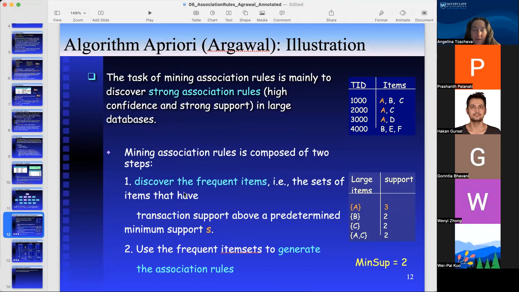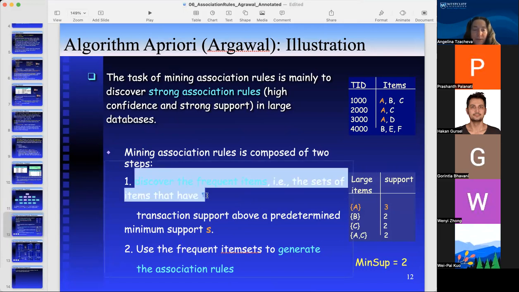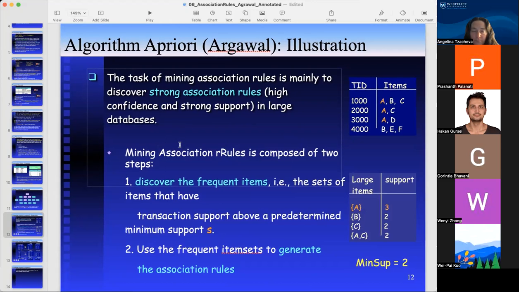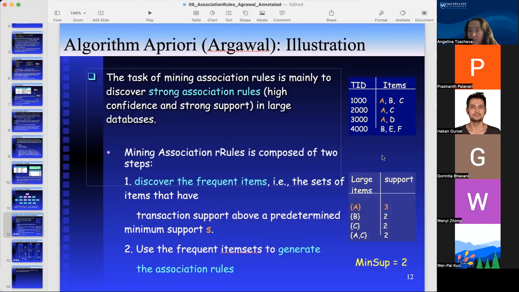The first step is to extract the frequent patterns and find association rules from the database. The first thing we need to do is start with single element sets.